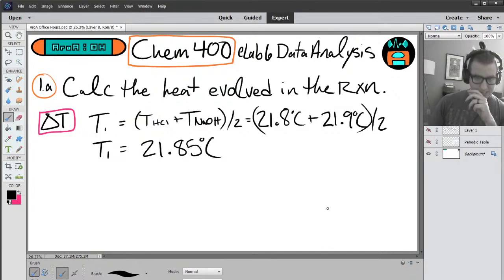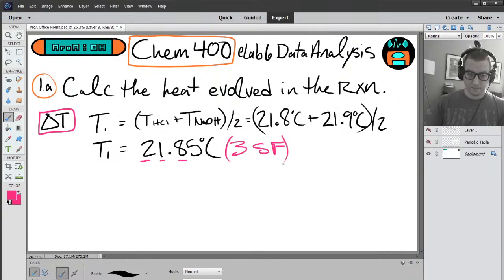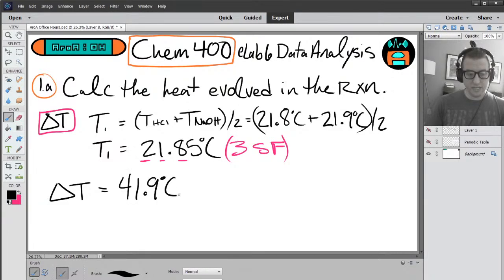21.85 degrees Celsius. Now we are going to be limited to 3 significant figures, so I'm going to put lines there to remind me. I'm going to wait to round till the end. So now we can calculate our change in temperature. Our maximum temperature was 41.9 degrees Celsius, minus our initial temperature, 21.85 degrees Celsius.